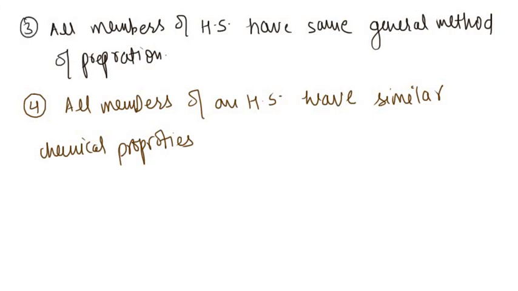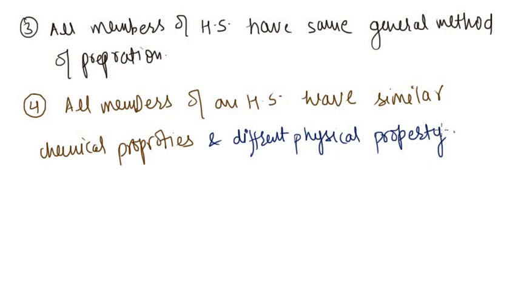We can write it as the same type of product, right? But different physical properties. Now how different? Let's say the boiling point of one is X, another boiling point should be higher if it has more molecular mass, because boiling point directly depends on the molecular mass.